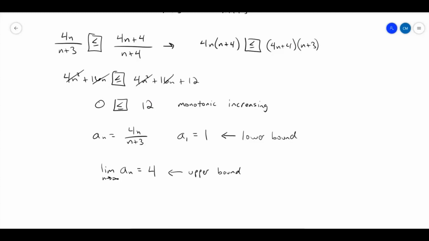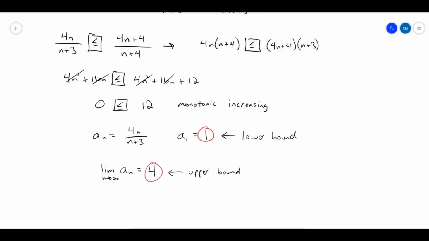However, these two bounds that we're looking at right here, they have significance because this is the greatest possible lower bound. Any number that's bigger than 1 cannot be considered a lower bound because there'll be terms of the sequence that are bigger than 1, right? And then this is the least upper bound. That's the smallest upper bound you can possibly have.